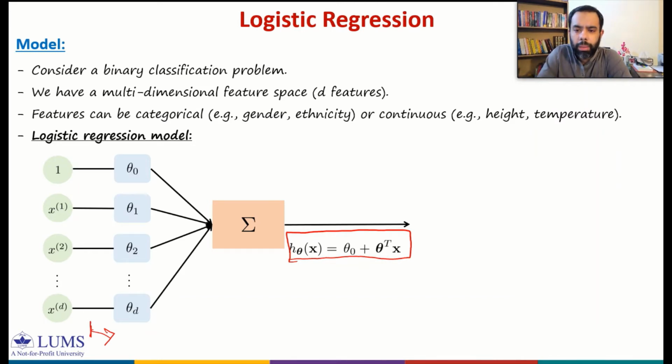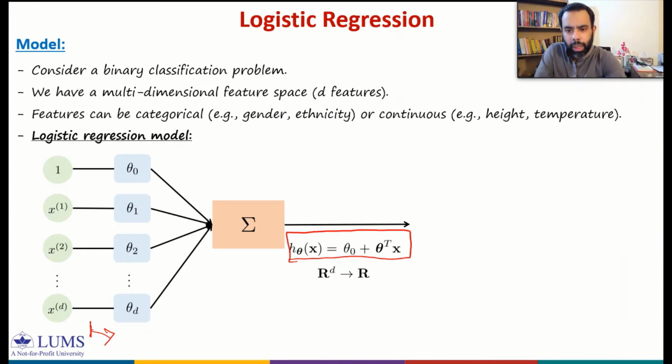If you try to interpret this h of theta x, it depends on theta, it takes an input x and it gives you a scalar value. So it's a mapping from d-dimensional space to R. So x is in the d-dimensional space, and what we're getting is a scalar.